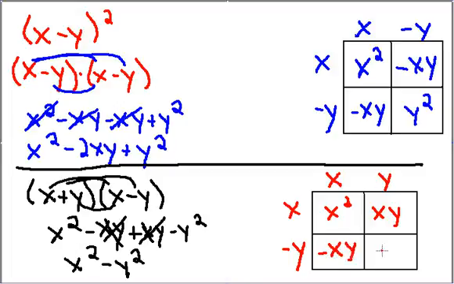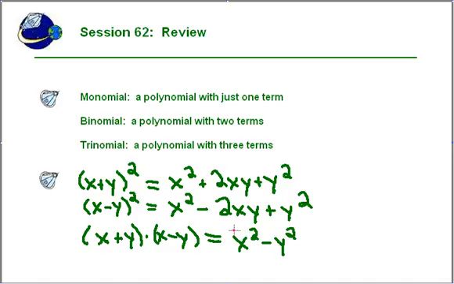And then minus y times a plus y is a minus y squared. And we can see that each of these 4 correspond to each of these 4 over here. Here's our xy and minus xy corresponding to these 2 that canceled each other out, leaving us then with x squared minus y squared.